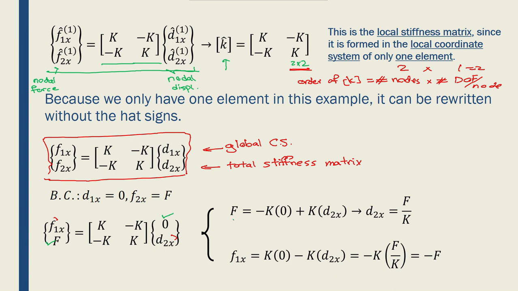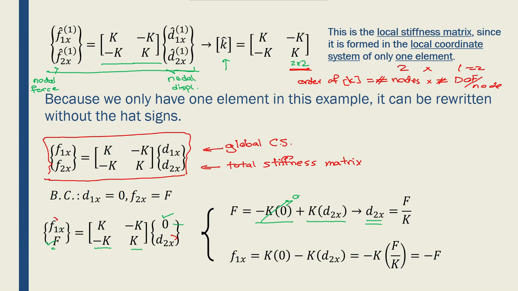So f is equal to minus k times 0 plus k times d2x. This one will be 0, and k times d2x becomes equal to f. As a result, d2x is equal to f over k, which is basically the displacement of the end of the spring.